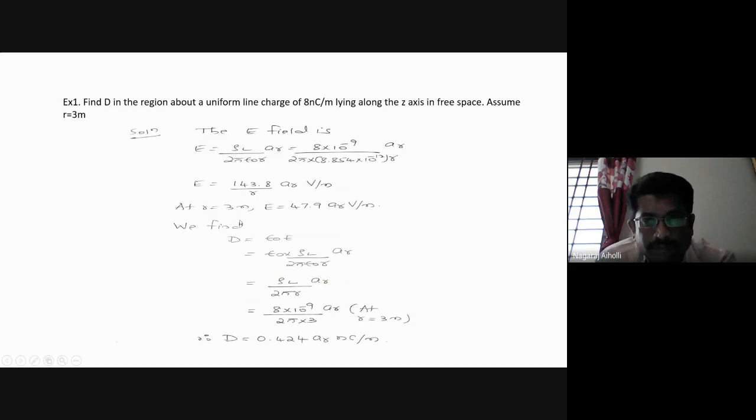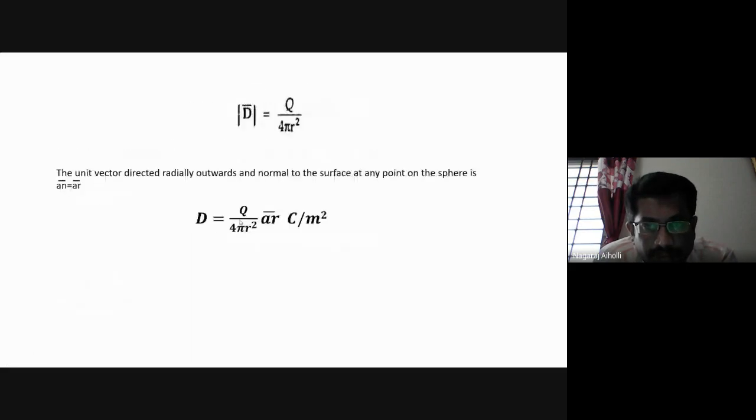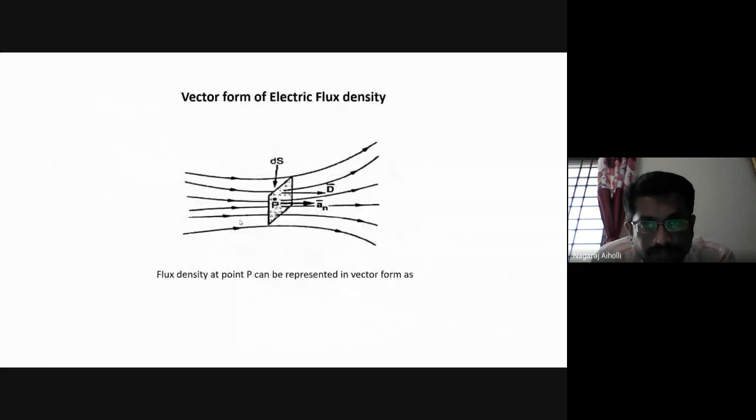If you look at the previous figure, D bar and an bar are in the same direction, because it is a regular, uniform surface. Now the surface we are considering is irregular. Therefore D bar and an bar have a certain angle between them.